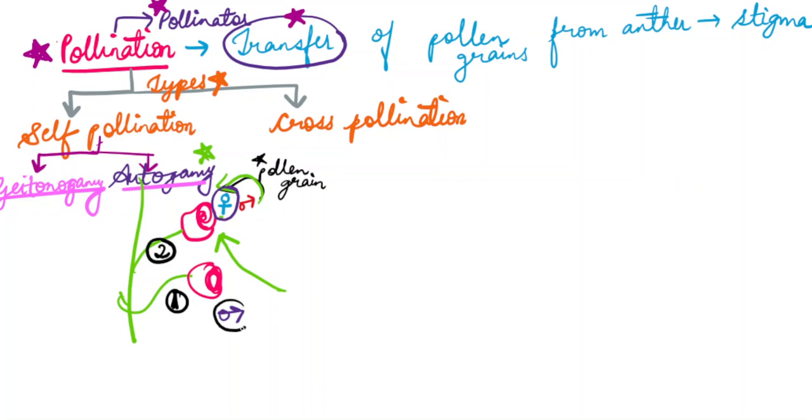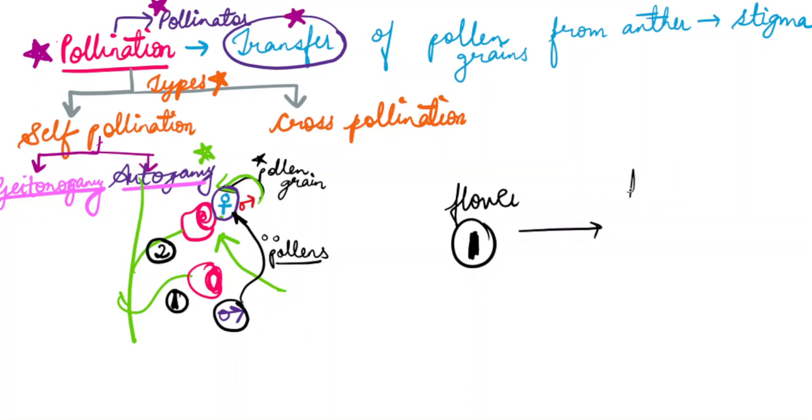If it is from flower number 1 to flower number 2, then we say it is geitonogamy.